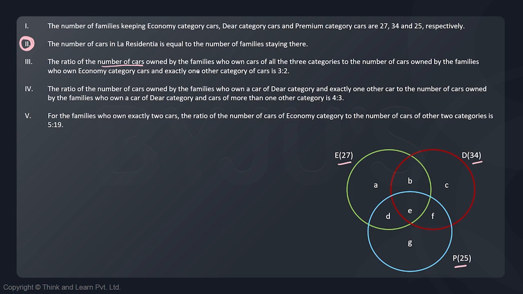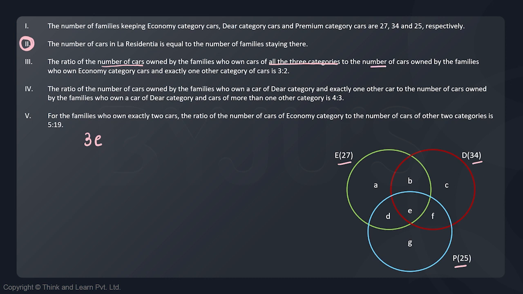So the number of cars owned by the families who own all three categories is E. So the number of cars owned by these E families is 3E. Is that right? There are E families. Each of them is having three cars. So the number of cars owned by them is 3E.